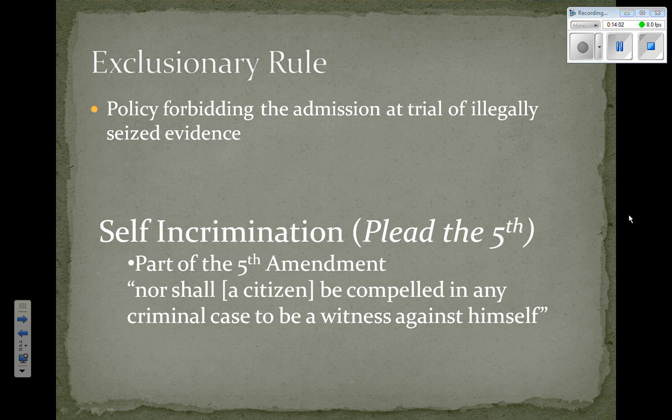So I do not have to say something that will harm my standing in the court. And that's what's meant by self-incrimination. You have the option to remain silent. You have the option not to answer questions. And in that case, you're not being called witness against yourself.